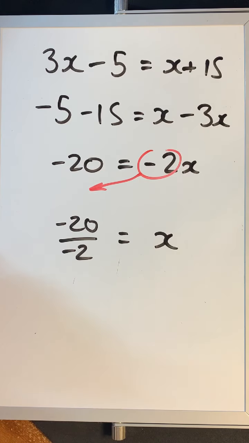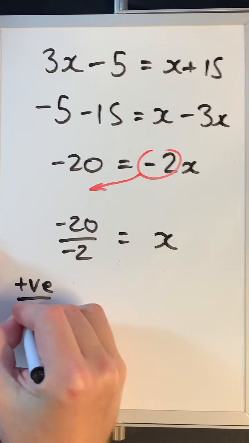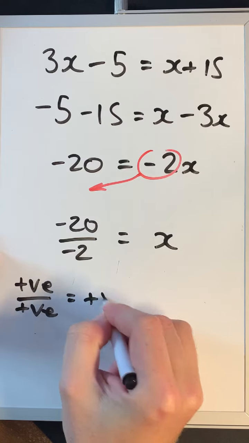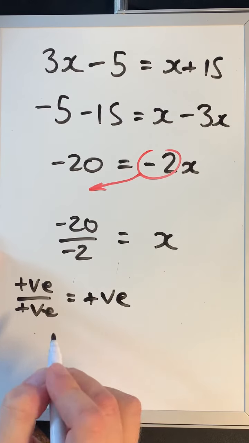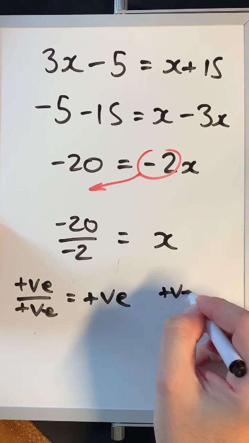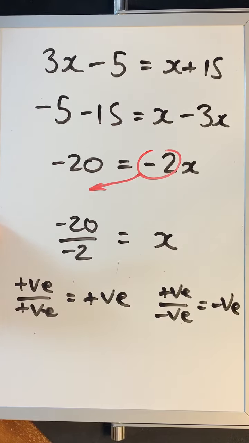Okay, so a quick little crib sheet here. A positive over a positive will give you a positive answer. Plus ve is just shorthand for positive. A positive over a negative will give you a negative. Unlike signs, as we say.